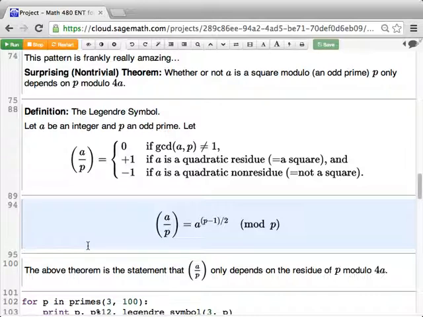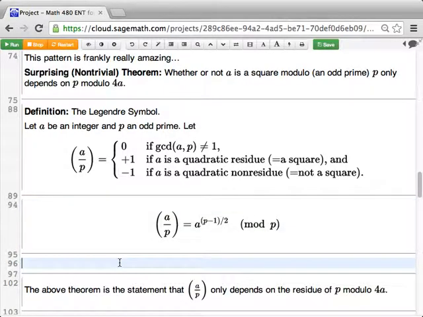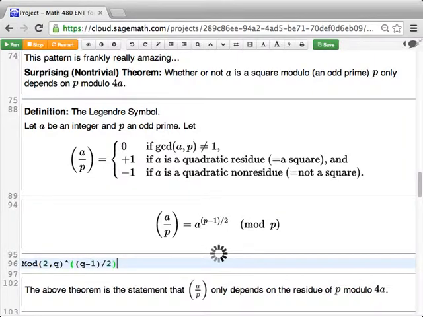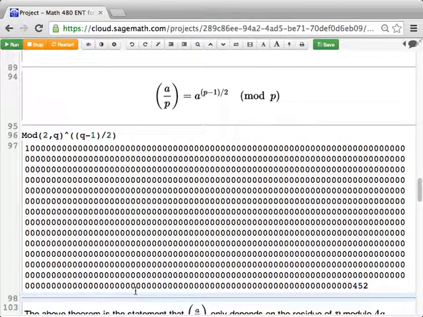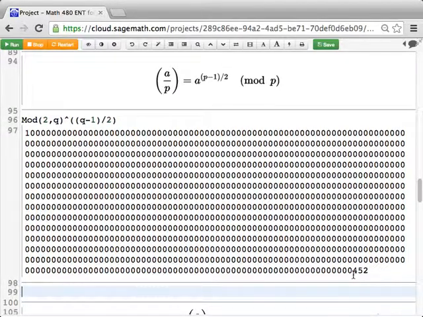In fact, if A is large, it would be prohibitive to factor A, but you could easily compute this. Actually, let's just try this, just to convince you. We can take our number Q from above and try to compute this to the power of Q minus 1 over 2. I'm a little scared because I haven't tried this and the number's so big, but see what happens. Remember, that one's supposed to be not a square, and that is indeed minus 1. And now let's do the same thing, but with 3, which is supposed to be a square.